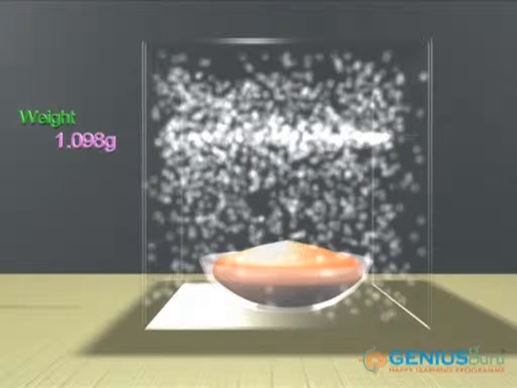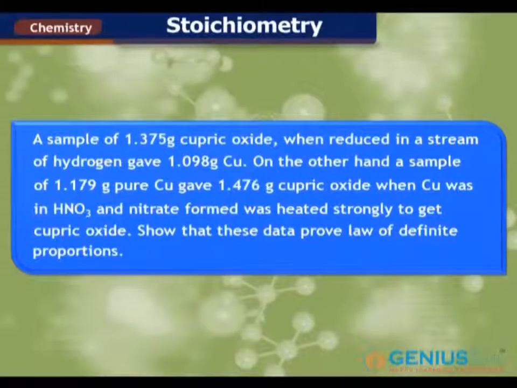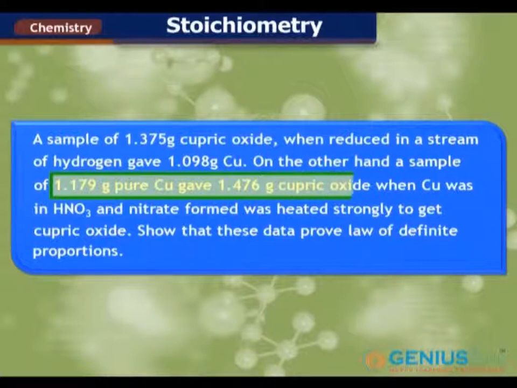Now, coming to the other experiment, a sample of 1.179 grams of pure copper gives 1.476 grams of cupric oxide. So, this is obtained by adding this copper to HNO3 solution, so that in this way we obtain the cupric oxide.